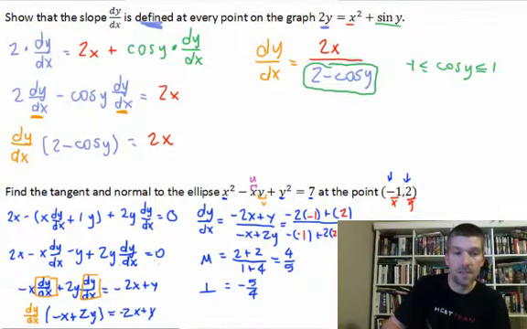My line now is not going to be hard to do. Okay? It's going to be y minus the y coordinate, or y plus 1, equals the slope 4/5 times x plus 1. That should be y minus 2.